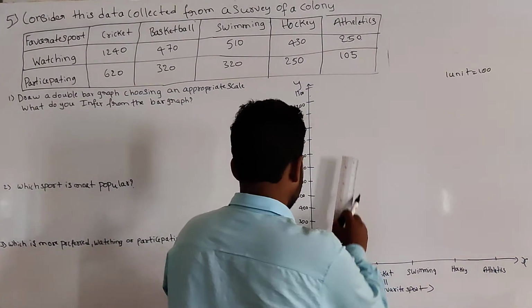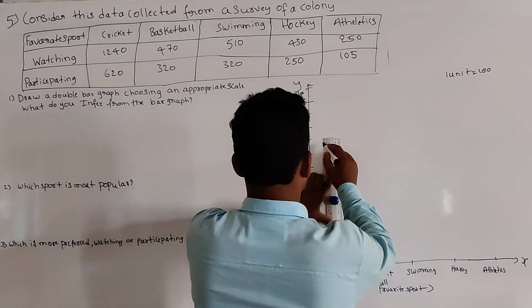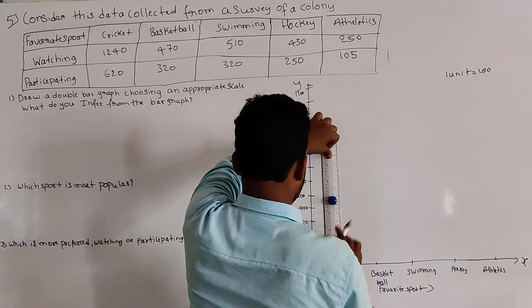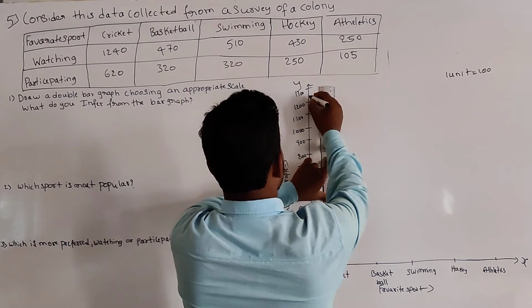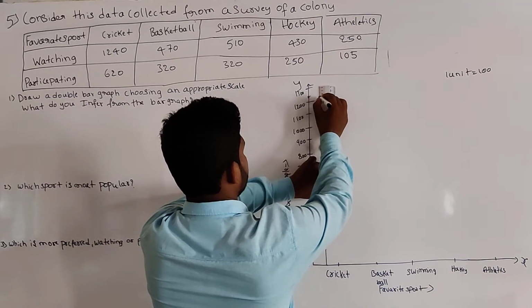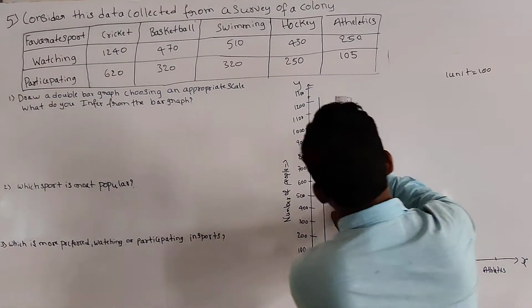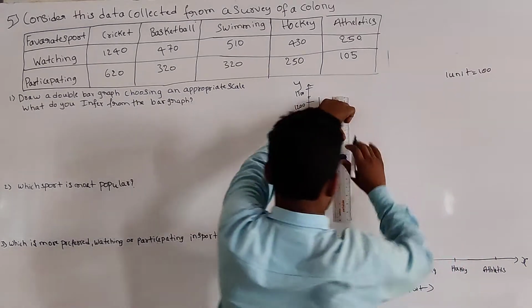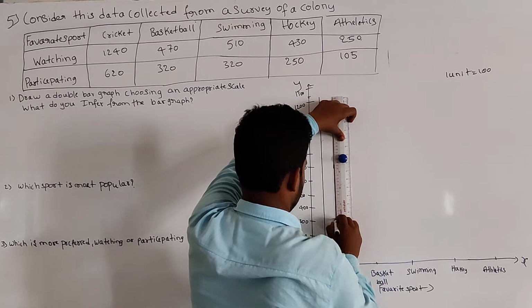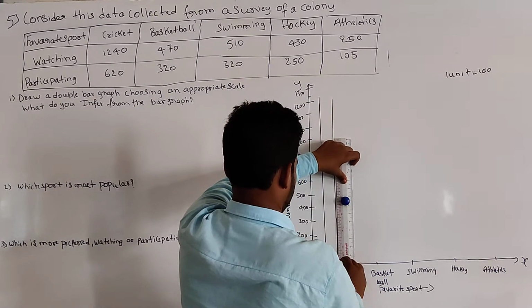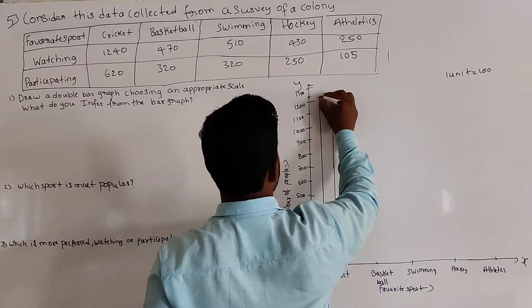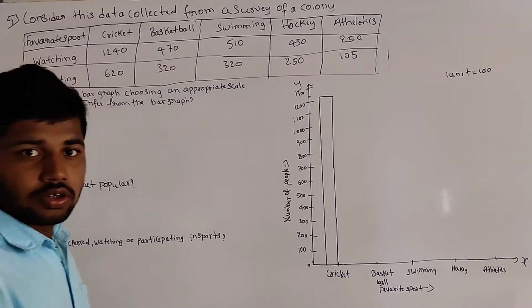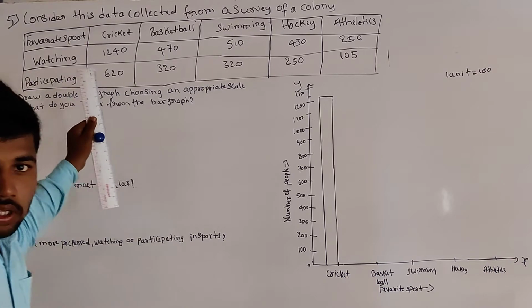You should draw the bar from cricket on the x-axis up to 1240. So the number of people watching cricket is 1240.